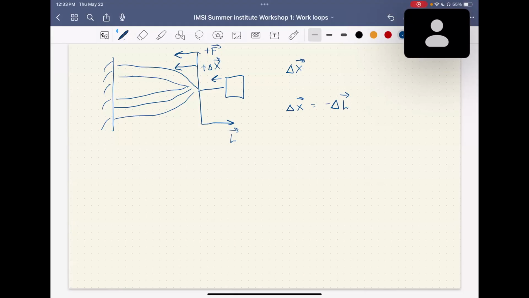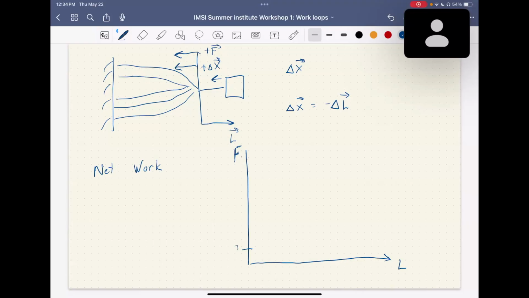So now we can think of the net work that the muscle does on the system. For that, we can look over this force length loop. What is the product of the change in x and the force that's being produced?